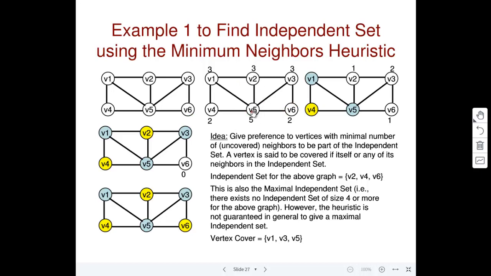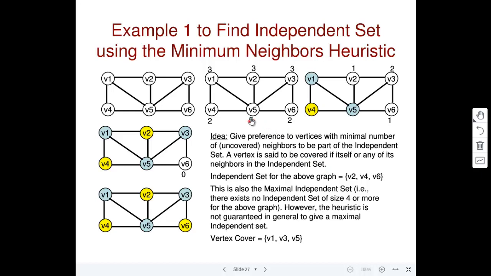So think about it: if I include V5 as the first vertex in the maximal independent set, the rest of the vertices are automatically ruled out. I cannot include any other vertex in the maximal independent set, right? So that gives us the idea.